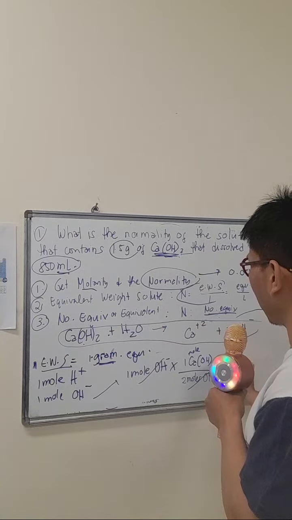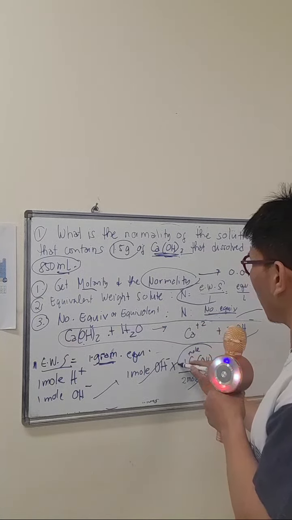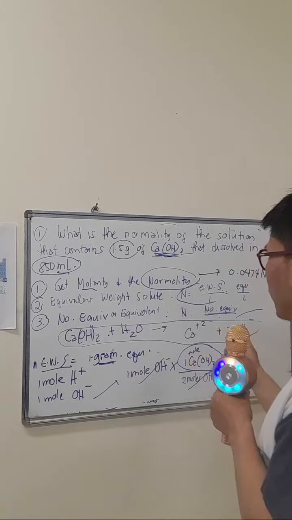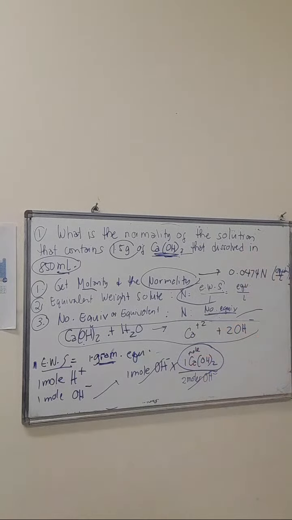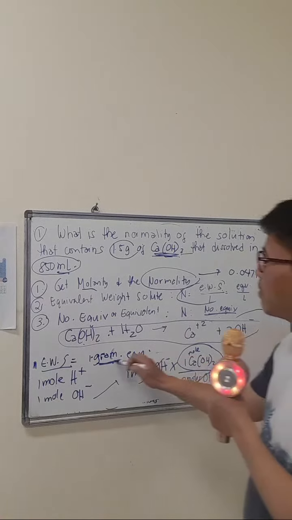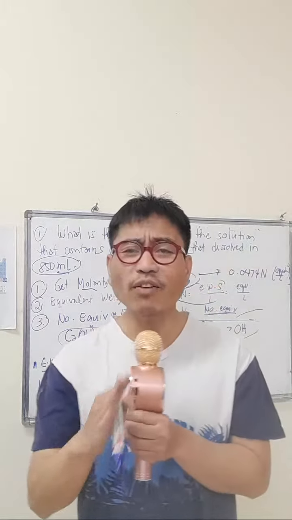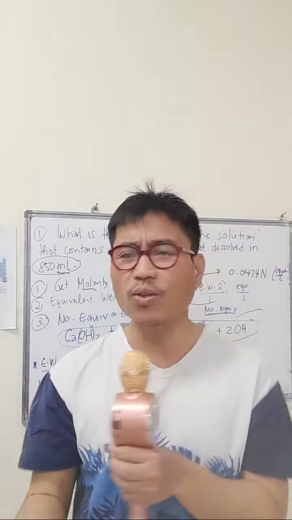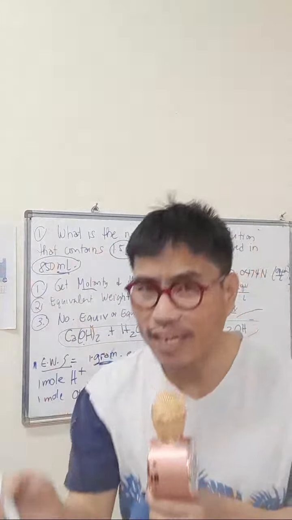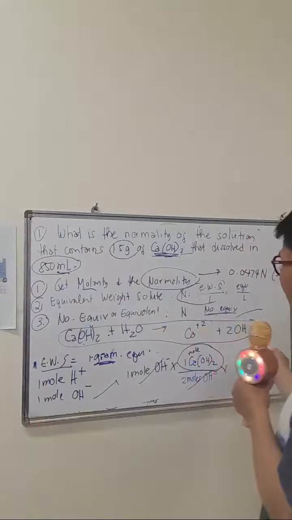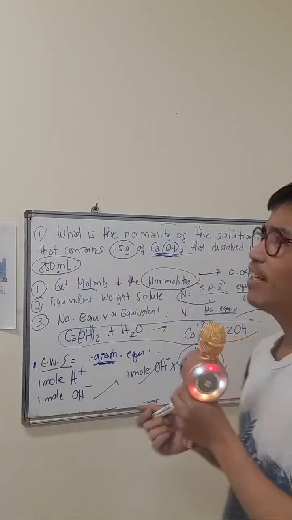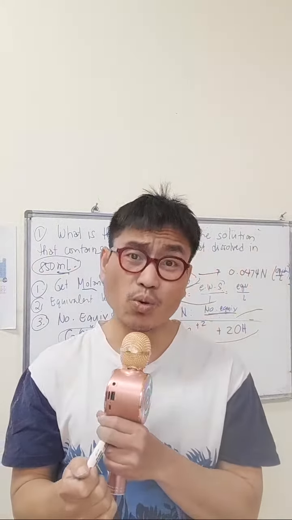So, 1 mole of calcium hydroxide. Now, what will you multiply so that we can obtain grams? Because our target is that 1 equivalent weight of solute is equal to gram equivalent, meaning our answer will be grams. So, again, molar mass.